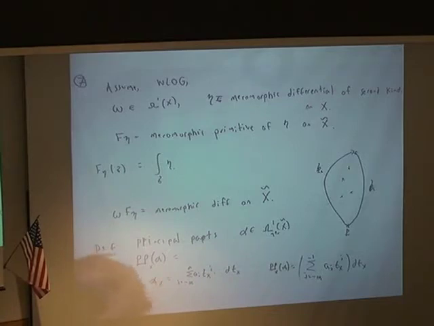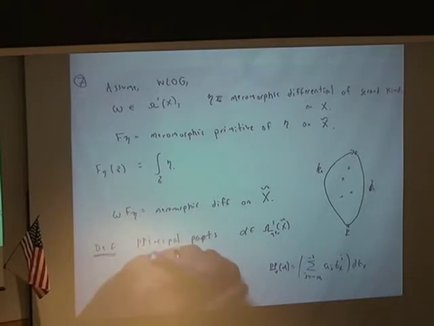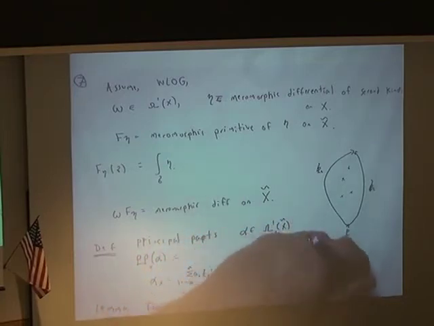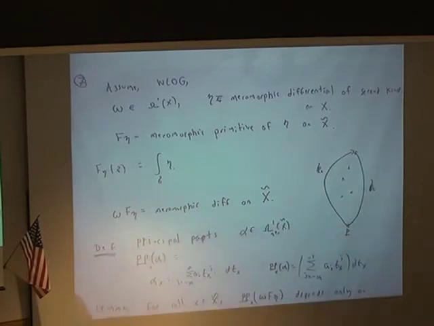For all x in X tilde, the principal part at x of this differential omega times f eta depends only on the image of x in X.